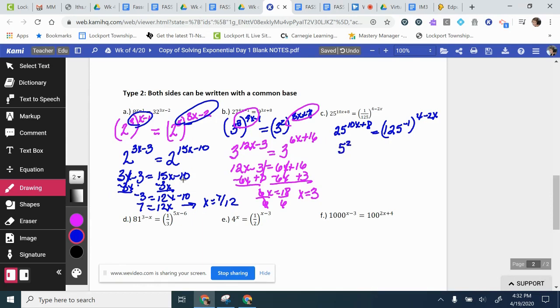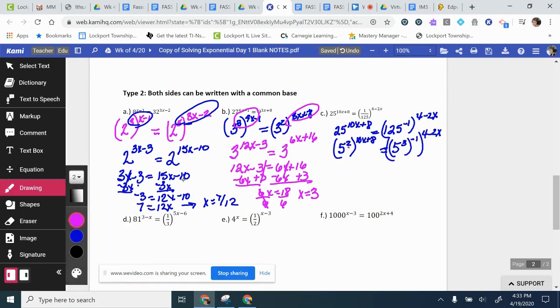So 25 is 5 squared to the 10x plus 8. 125, if you don't remember, is 5 to the third. But this is also to the negative 1, and then to the 4 minus 2x.